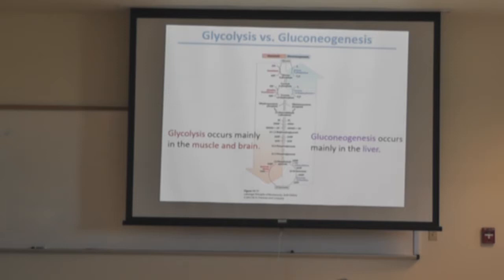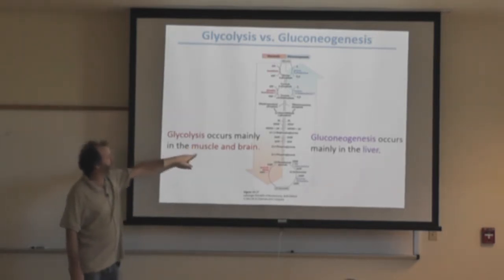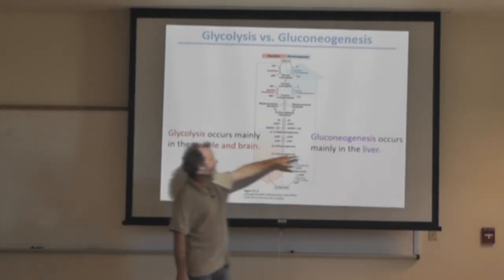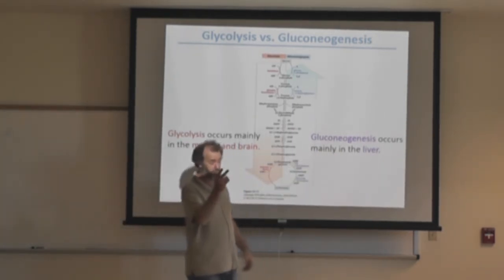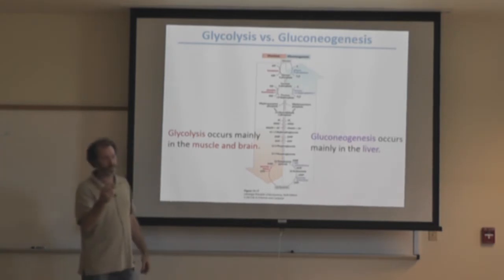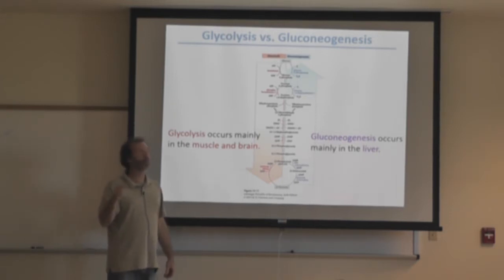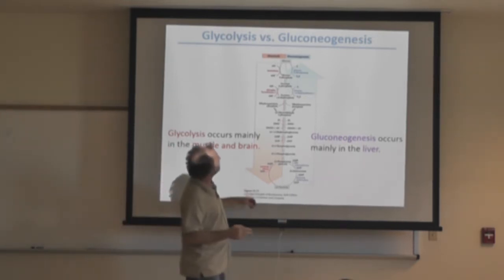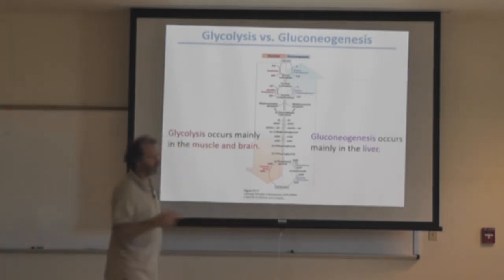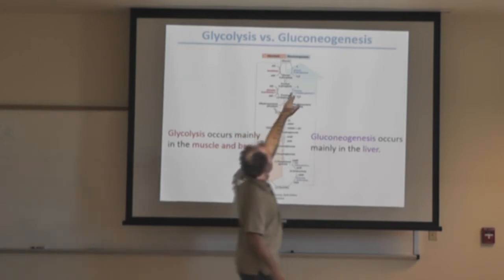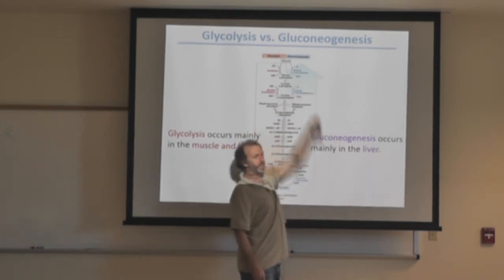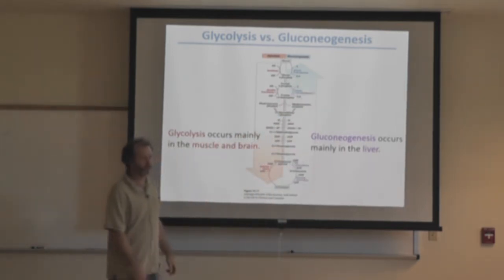So glycolysis versus gluconeogenesis. Glycolysis mainly occurs in the muscle and the brain, and gluconeogenesis mainly occurs in the liver. There are actually two organs that can do the whole gluconeogenesis pathway, the liver and the kidneys. The reason is those are the only two organs that produce that last enzyme in the pathway, glucose 6-phosphatase. Do you remember what phosphatases do?